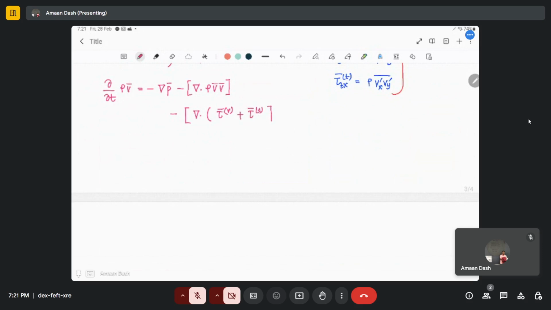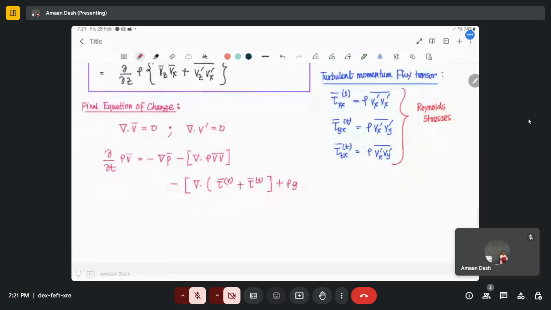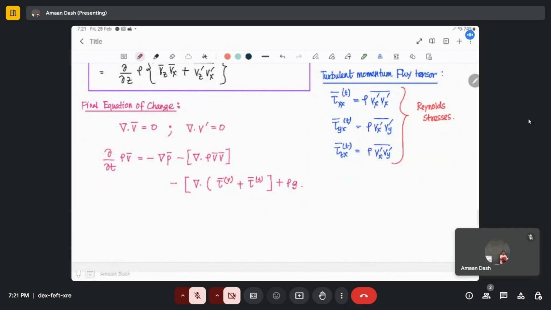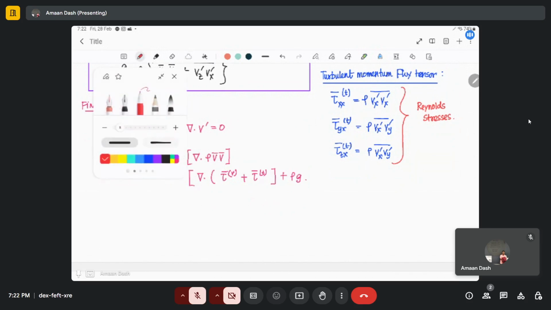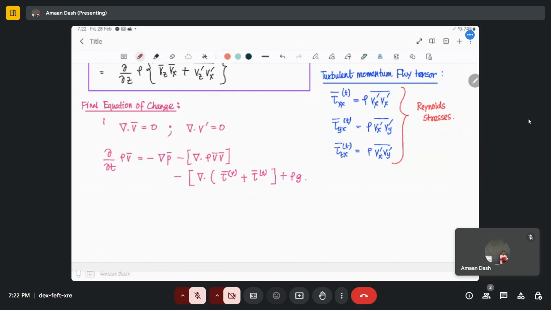And this is again a tensor, plus rho g. So these are the final forms that we have.